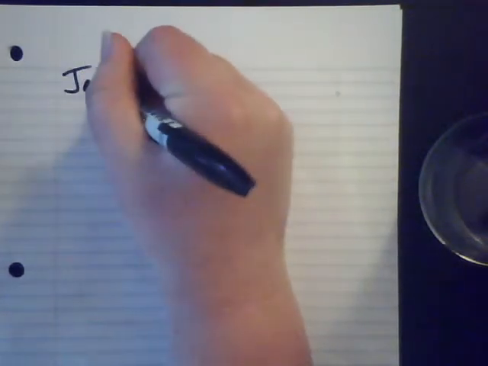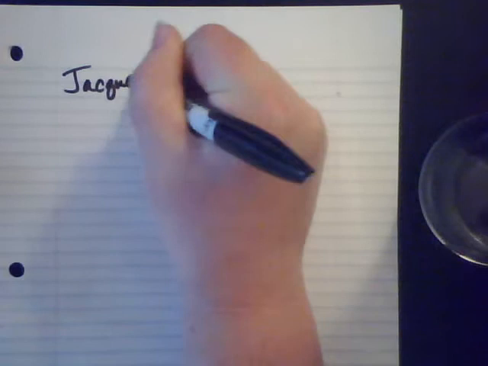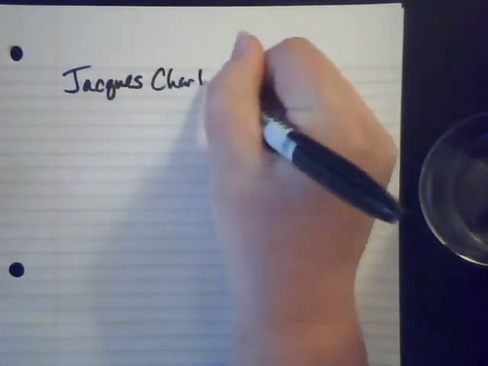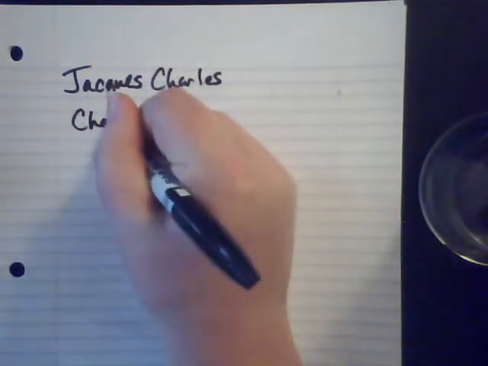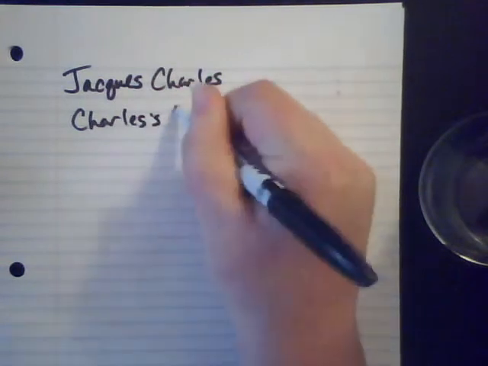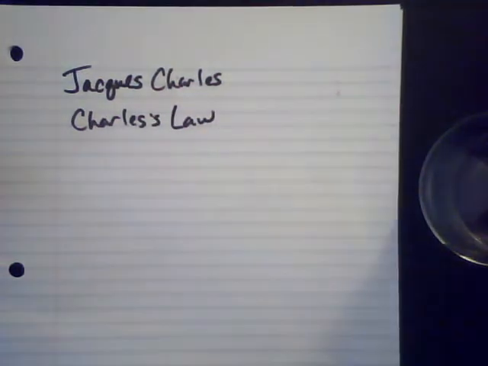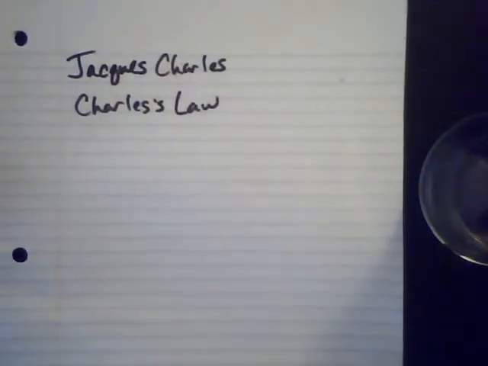If we go to our next chemist that discovered gases, we come to Jacques Charles and Charles' Law. Now, in the same way, there's these four major characteristics of gases that we're looking at: volume, pressure, temperature, and number of particles.